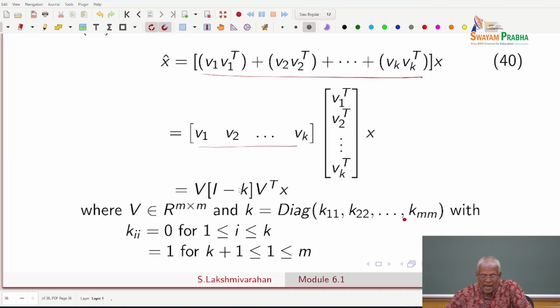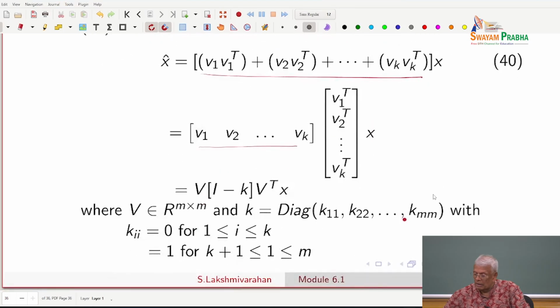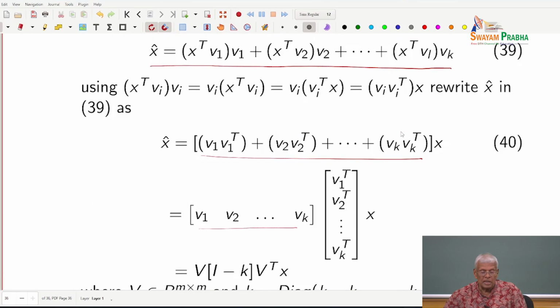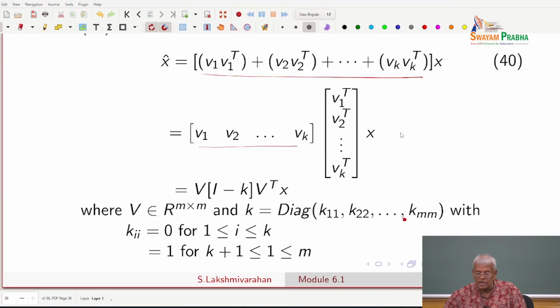So if you subtract this matrix K from I, you are only going to get 1s along the last M minus K diagonal elements. I would like you to be able to rewrite the expression to verify this relation. The relation is in 40. So please verify this relation.